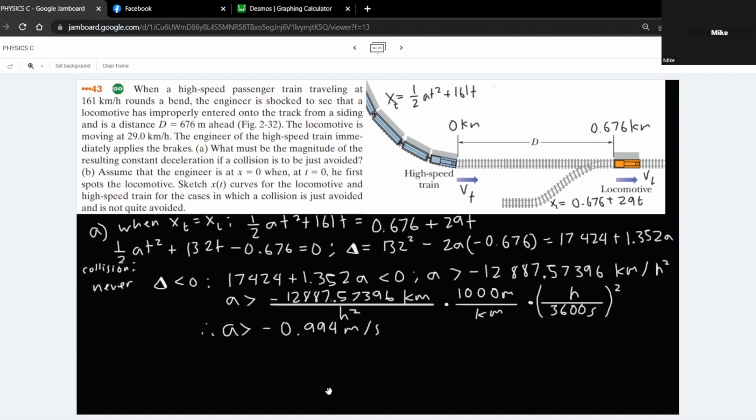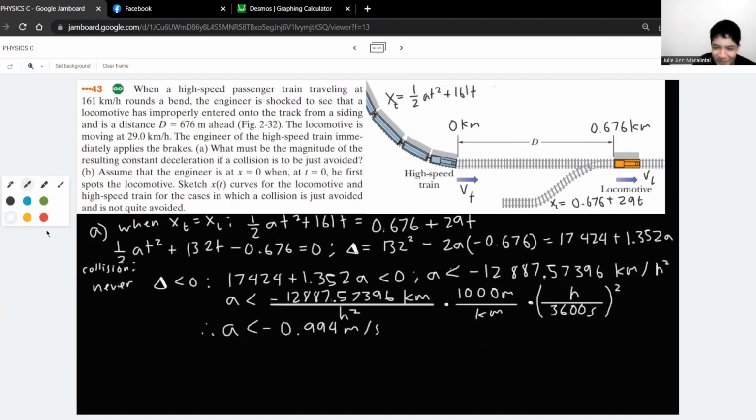And my only question is why A is greater than... I mean, it's lesser than our discriminant, so it should be less than. I can see that it should not be less than, because if you increase the acceleration, the train will catch up to the locomotive. They will collide, by common sense. So, the commonsensical notion matches.